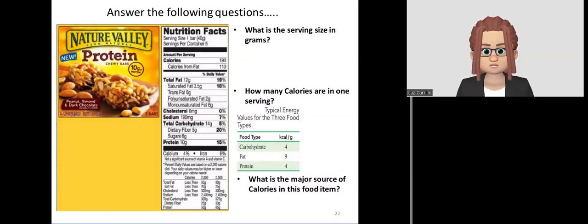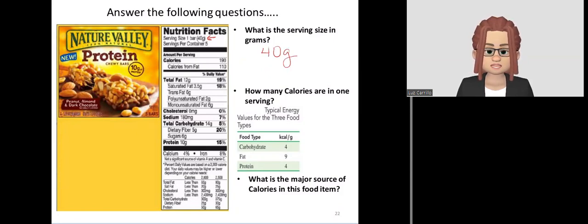The first thing that we need to look at is what is the serving size in grams? And if you're curious about that, we can see specifically that that is given right here. So this food item on average is going to be 40 grams.